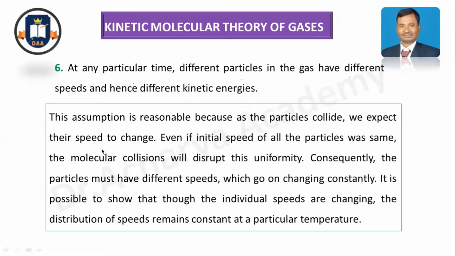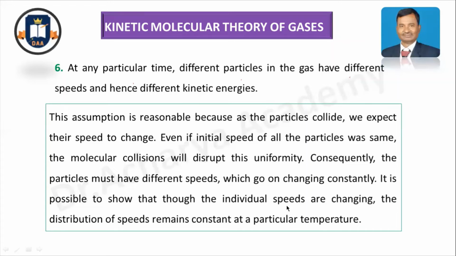That their speed is also changing. So even if the initial speed of all the particles is the same, during the collision they will have different speeds. And what will be the result? The particles must have different speeds, which go on changing constantly.